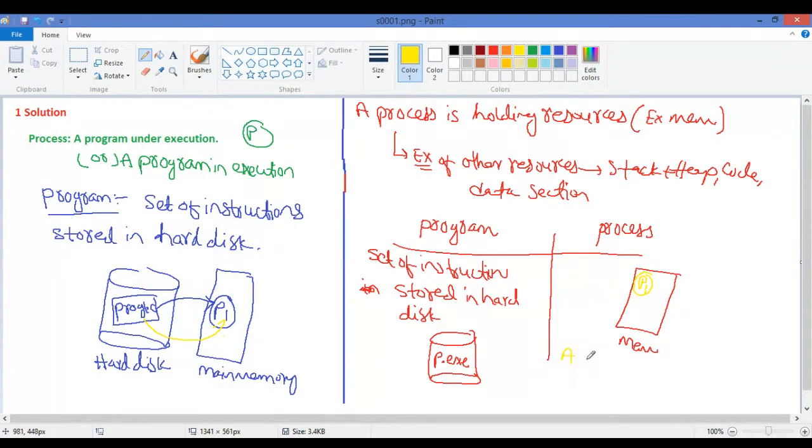I'll just write here: a program, if it is loaded in main memory, then it is called a process.